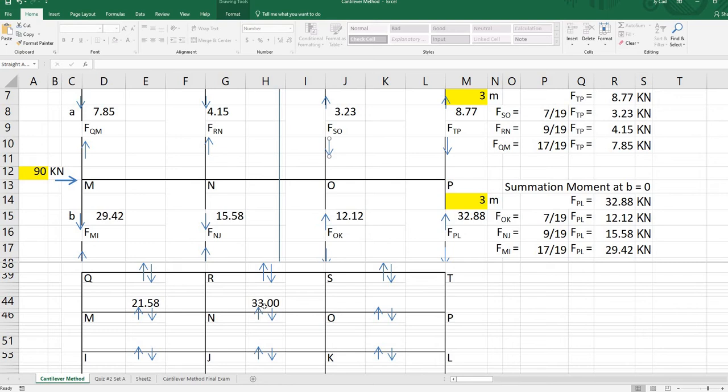Tsaka yung 33.01. Okay, so that is equal to negative, minus 3.23 and then plus 12.12 and then minus 33. Okay, ito. Then close. 24.11, this is acting upwards. Ayan, see? And this is linked dito sa dalawang column axial force tsaka tong girder shear.